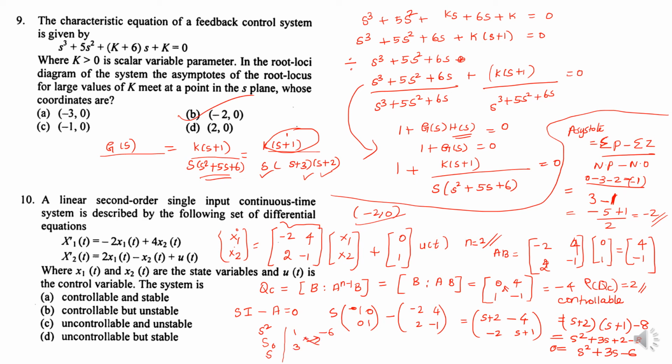Now I have to multiply this: 3 into minus 6 minus 0 divided by 3, that is minus 6. See, in the first column of the Routh array a negative element is there. So this is an unstable system. So this is a controllable system, but it is an unstable system. Option B is the correct answer.